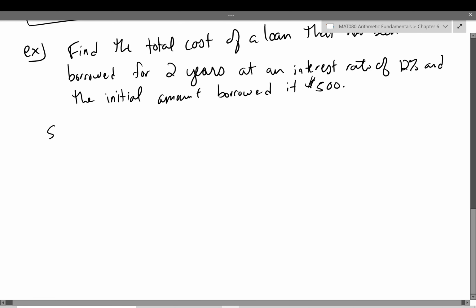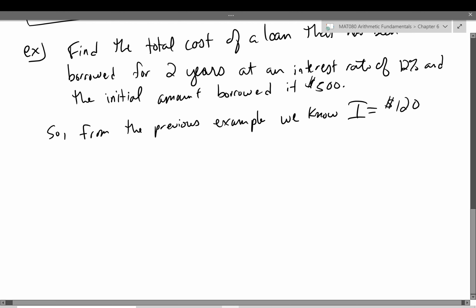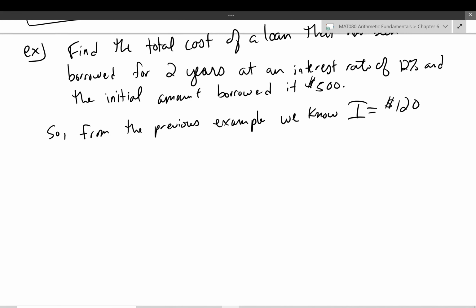So from the previous example, we know the interest was $120. Okay?